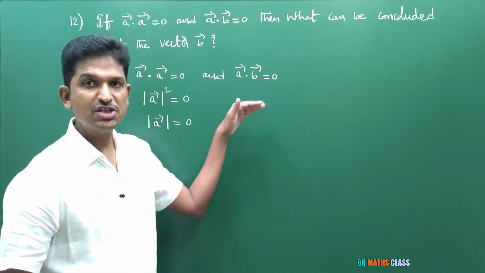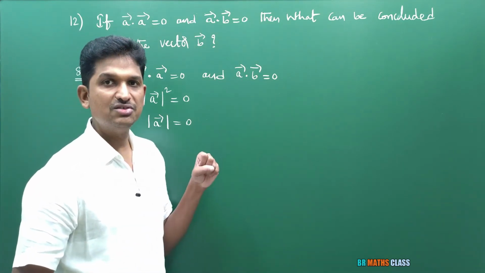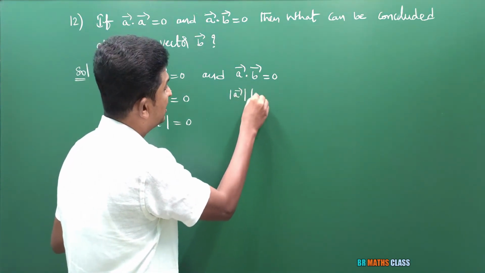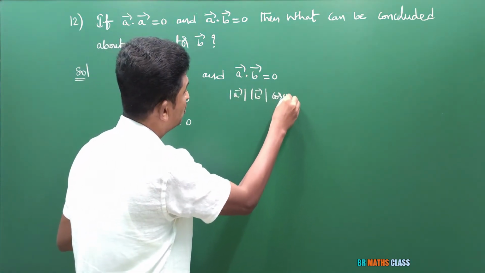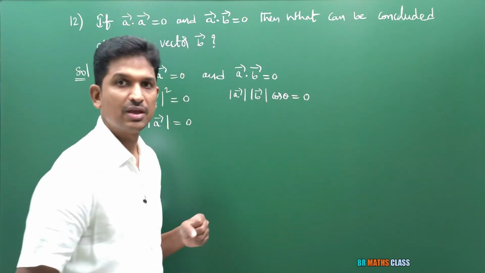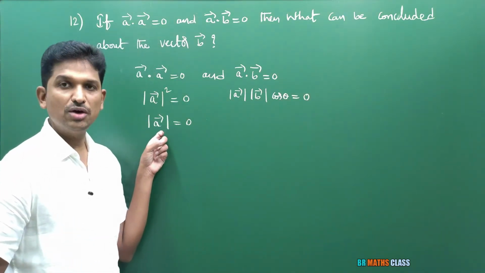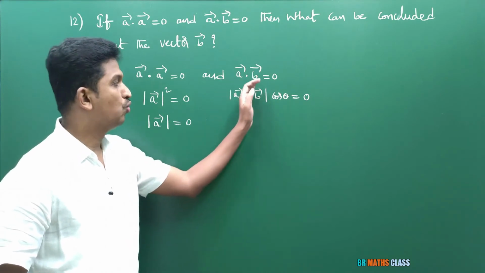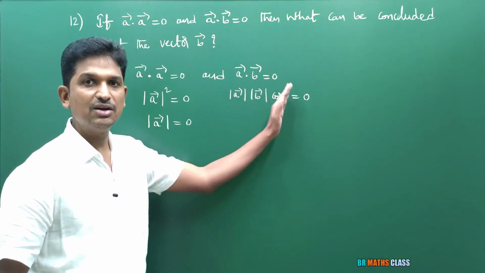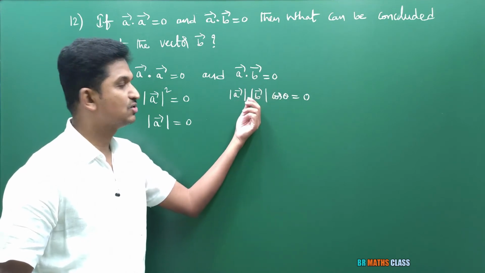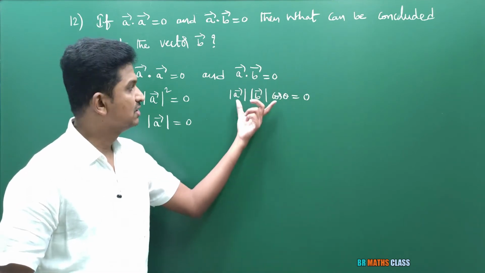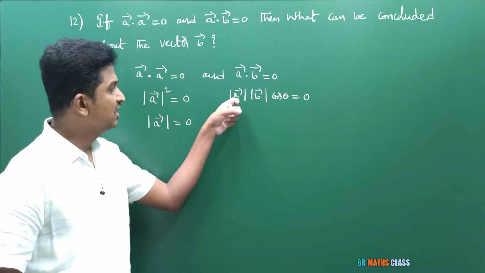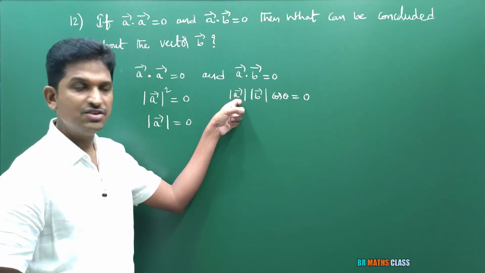Now this information is also given. A bar dot b bar is 0. So what is the formula for a bar dot b bar? Magnitude of a bar into magnitude of b bar into cos theta equal to 0. Here, as I know magnitude of a bar is 0, when I write magnitude of a bar as 0, this total product will be 0.